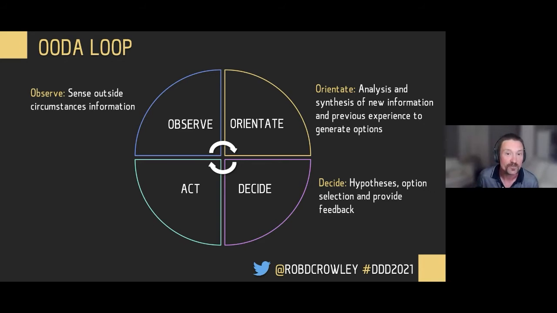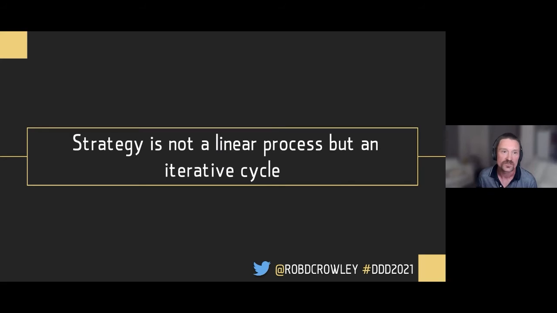Then deciding, so that's the hypotheses, option selections, and providing feedback. And ultimately, the key thing is acting upon those decisions. And this is a loop. Strategy is not a linear process, but an iterative cycle. And again, as John Boyd instructed his fighter pilots, the quicker you can do that loop, the quicker you'll be able to adapt to changes in the environment.